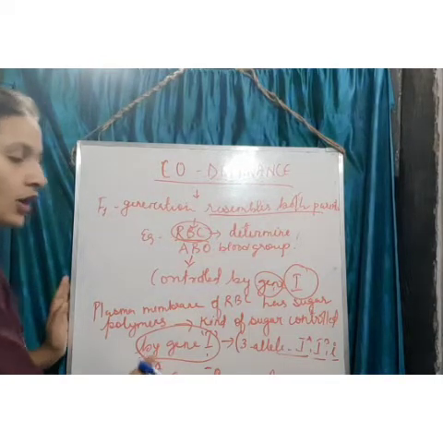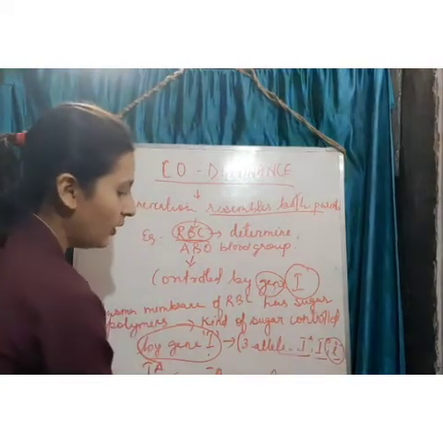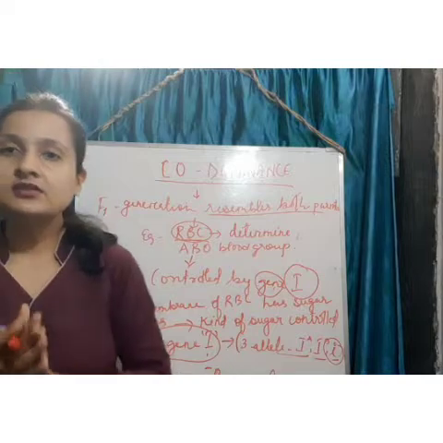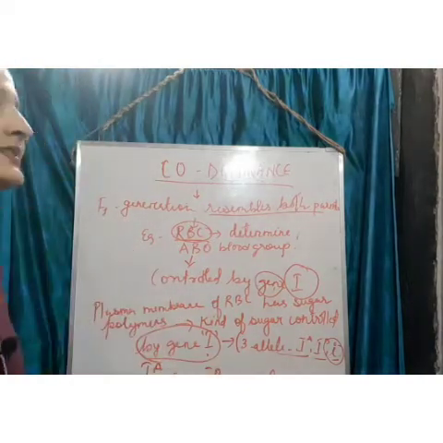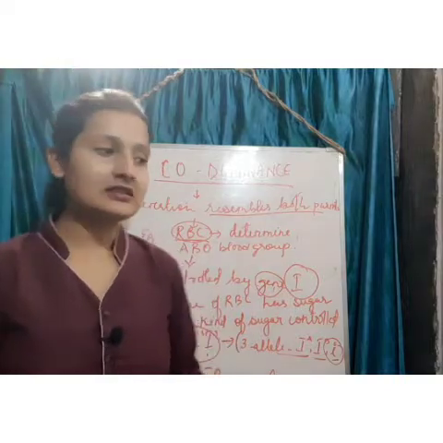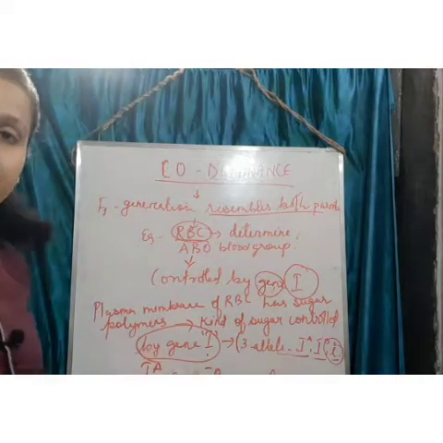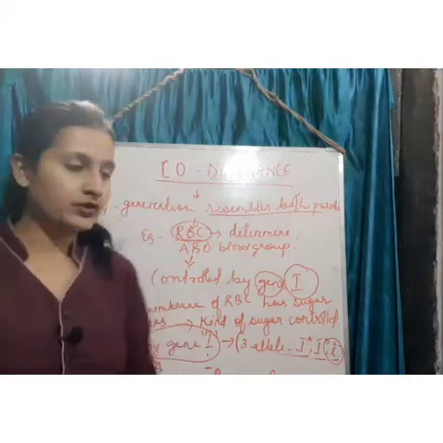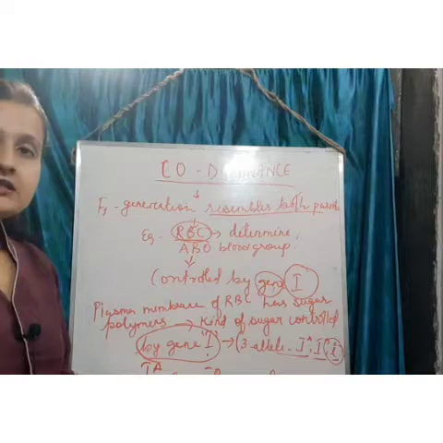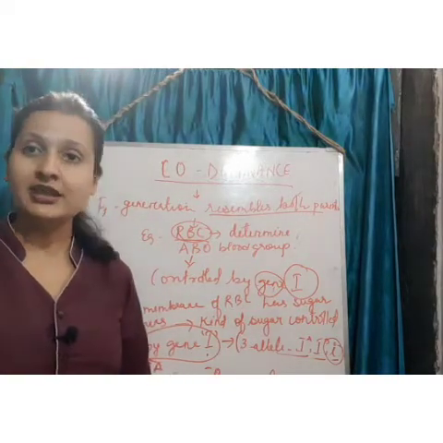On the other hand, the lowercase i, the small letter i, does not produce any sugar, therefore it is known as the recessive gene. So remember that alleles IA and IB produce sugar, slightly different from each other, and allele i does not produce any sugar, therefore it is recessive by nature.